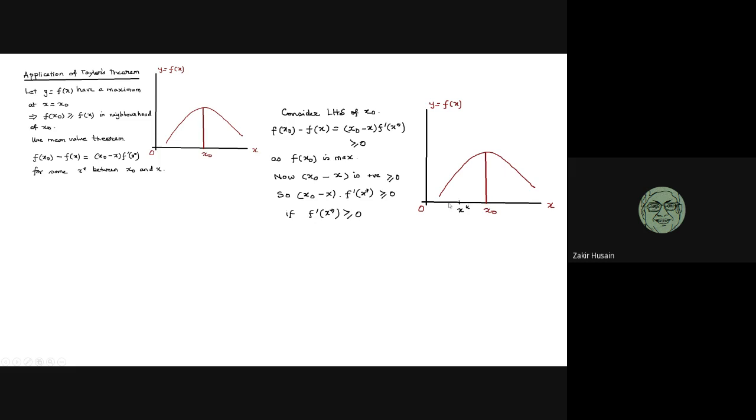We are taking x somewhere over here. So x has a lower value than x0. Therefore, x0 minus x will be positive. Right? Now, if this has to be positive and this is positive, this must also be positive. So the slope over here has to be positive.